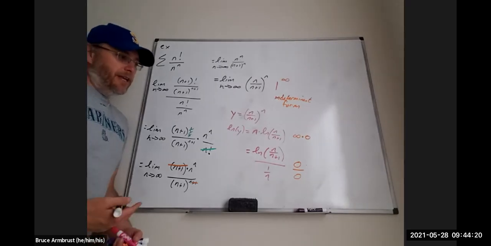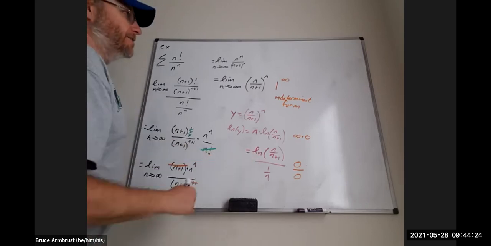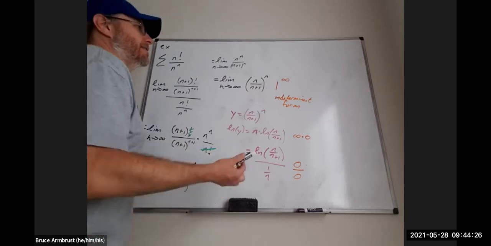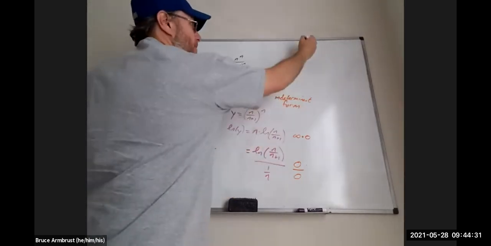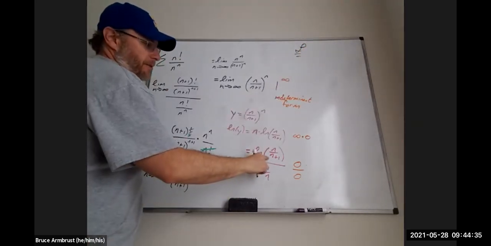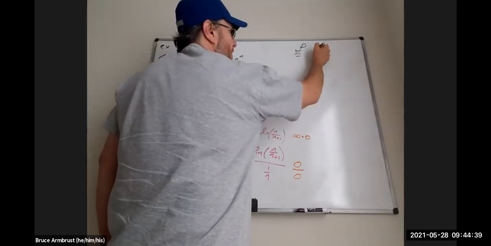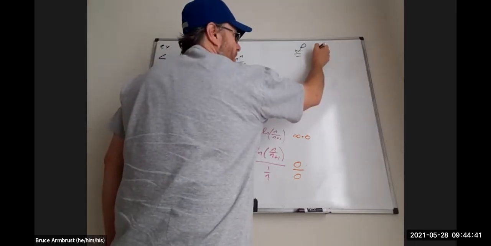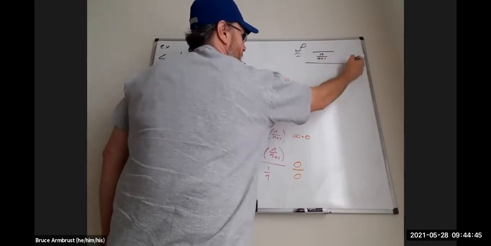All right, so if we do L'Hopital's rule on this, differentiating the natural log. So we're going to do big old L'Hopital's rule equals the derivative of the natural log. Well, the bottom, we get just the stuff inside, so n over n plus 1.